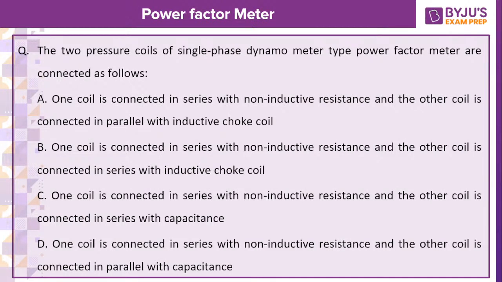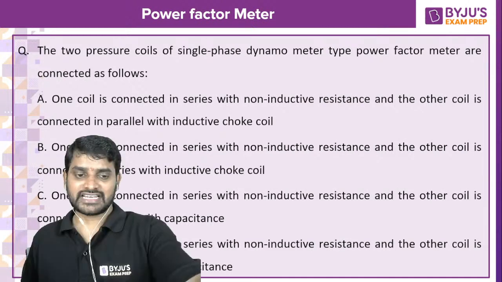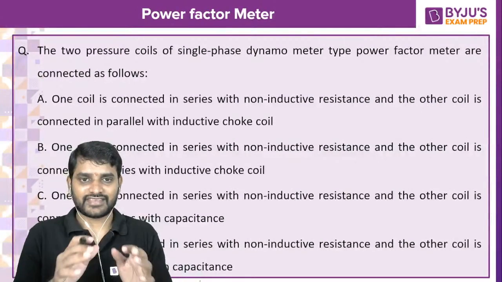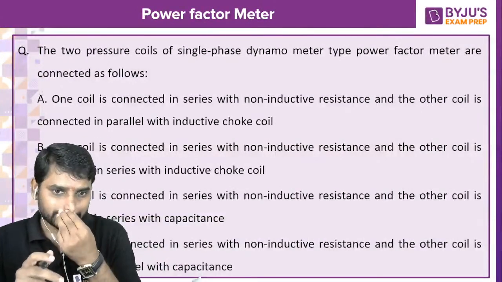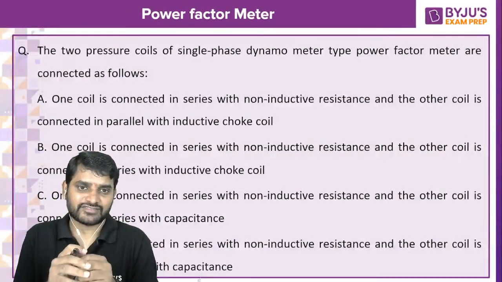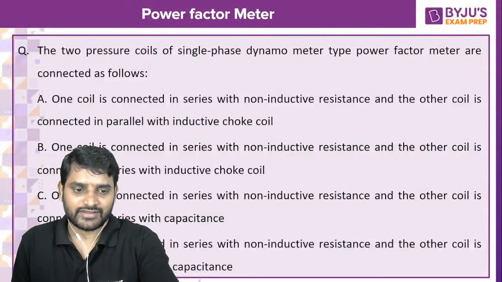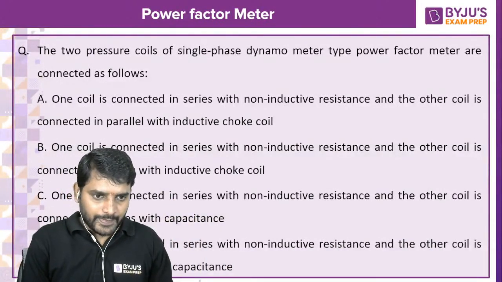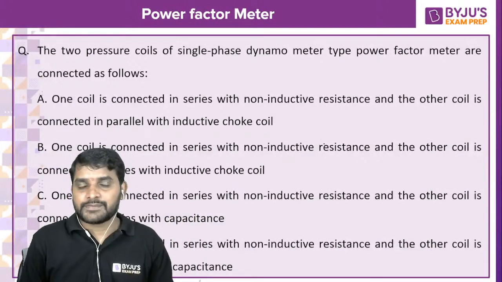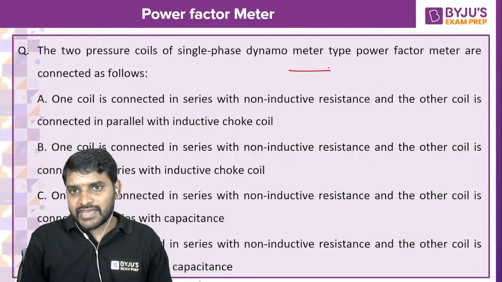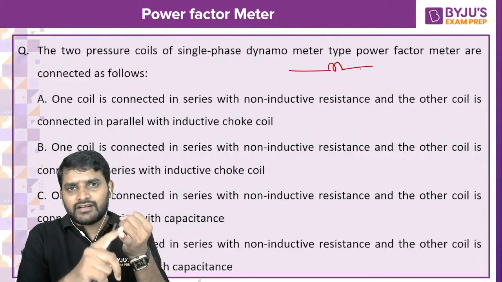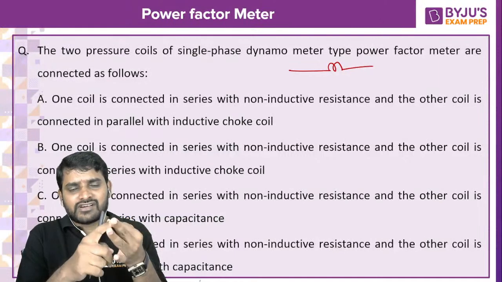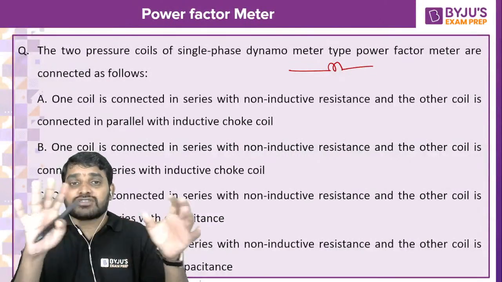If you remember the construction of the power factor wattmeter, you can easily answer that. Okay, let me show you that. Here itself I'm drawing. The current coil will be as usual, same as the wattmeter and energy meter construction. Not too much difficult.